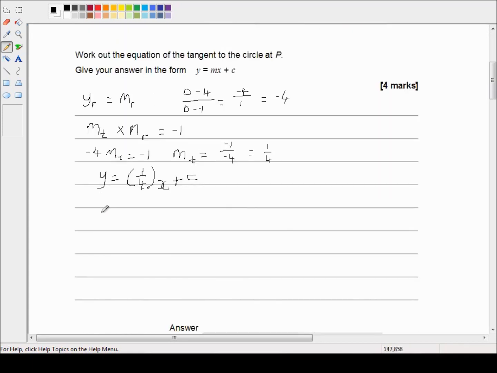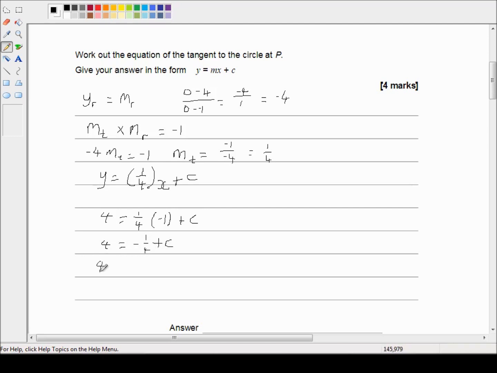So 4 is equal to 1/4 times -1 plus c. So 4 is equal to -1/4 plus c. So all we have to do is take this -1/4 over to the other side of the equals, or we could say we're adding 1/4 to both sides of the equation.